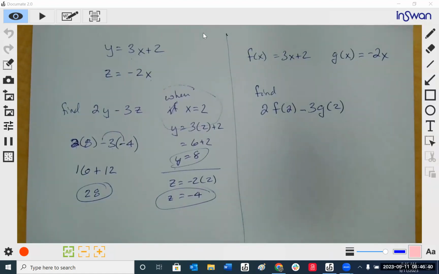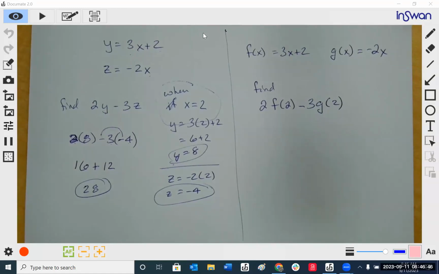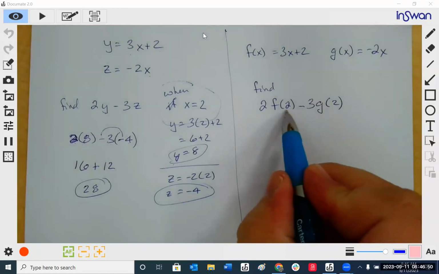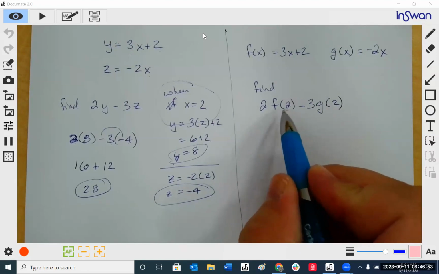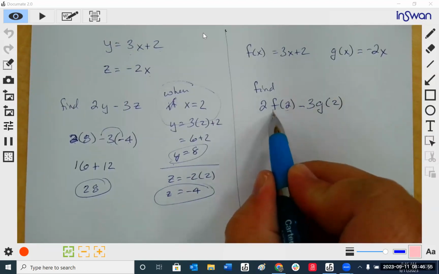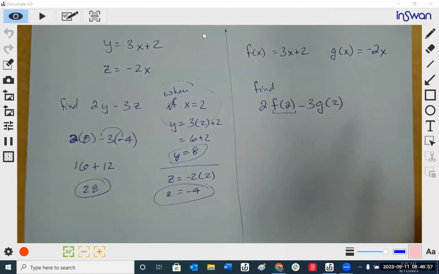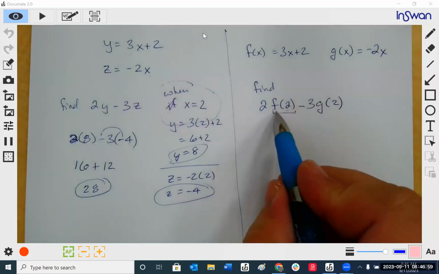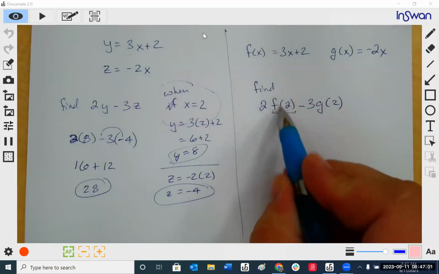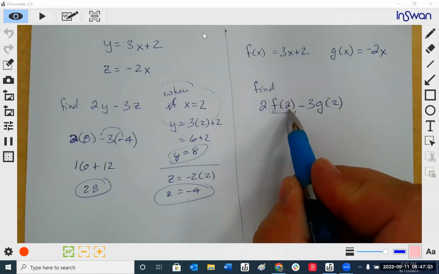Does order of operations still apply here? Yeah, we have order of operations to do the special operations. This is a special operation. It says, go to the function f, anywhere you see an x, plug a 2.